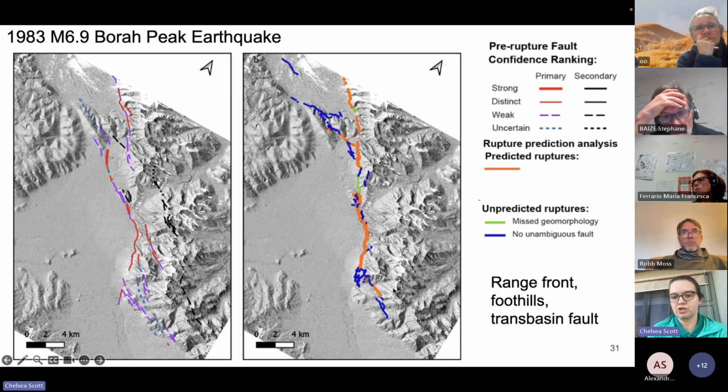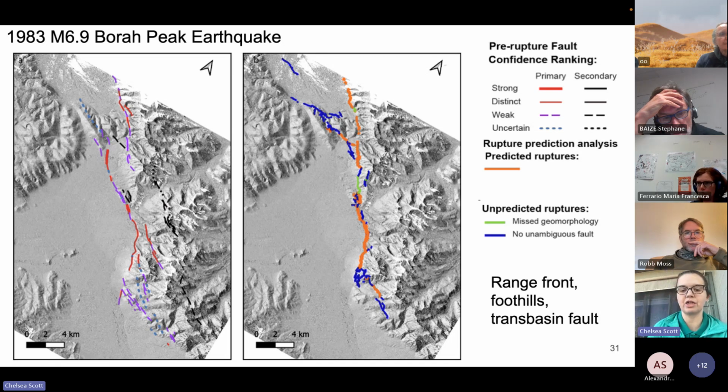Many of the missed ruptures are missed because there was no unambiguous fault in the pre-rupture geomorphology. That includes here in the foothills, where there really was minimal at best signal of a fault in advance of the earthquake.